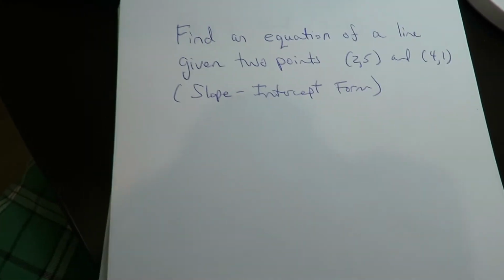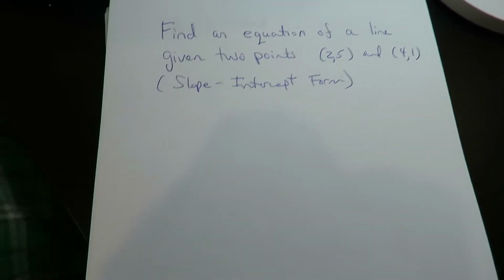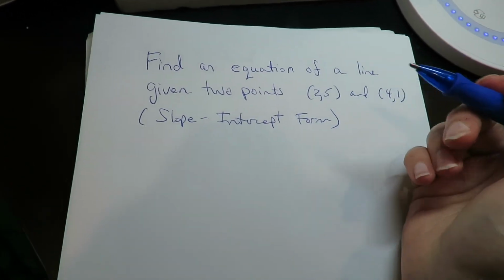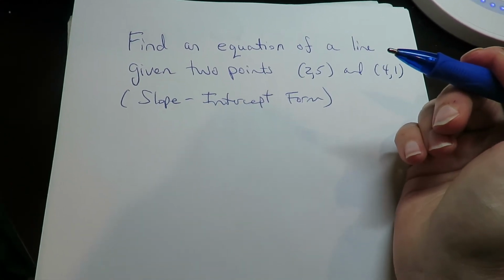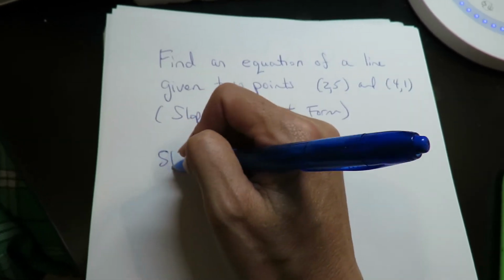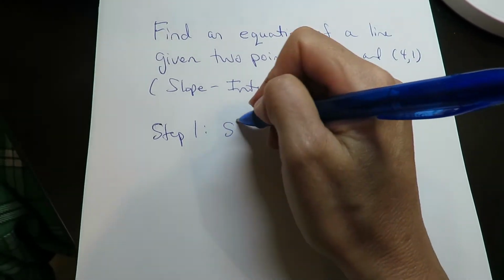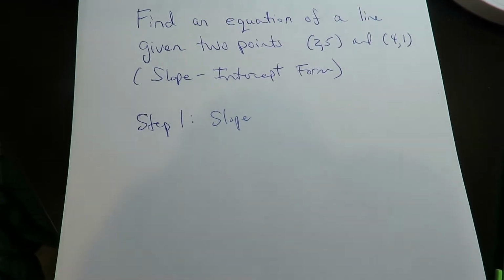All right, so let's start writing equations. The most common one, and the one you'll see me ask for sure, is this one. I'm giving you 2 points, and I want you to write an equation of a line. Step 1 is to find the slope of the line that I want you to create.